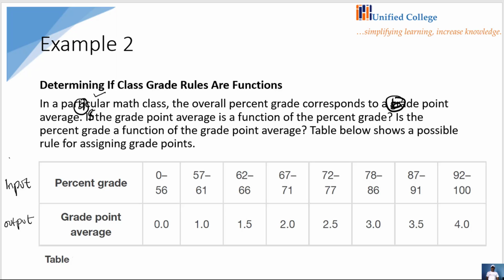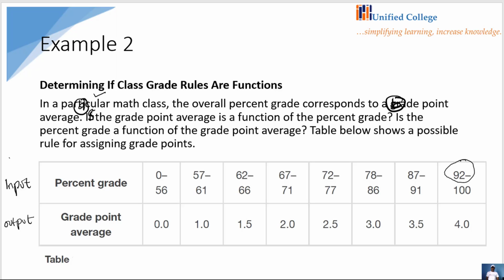If a certain student has a percent grade of 92, the grade point average of such a student is 4.0.